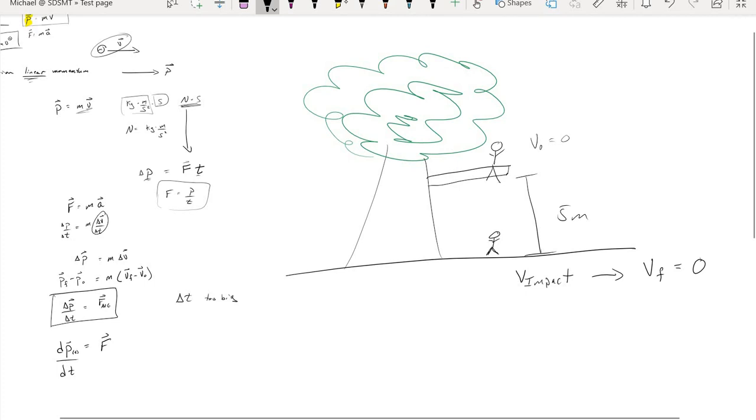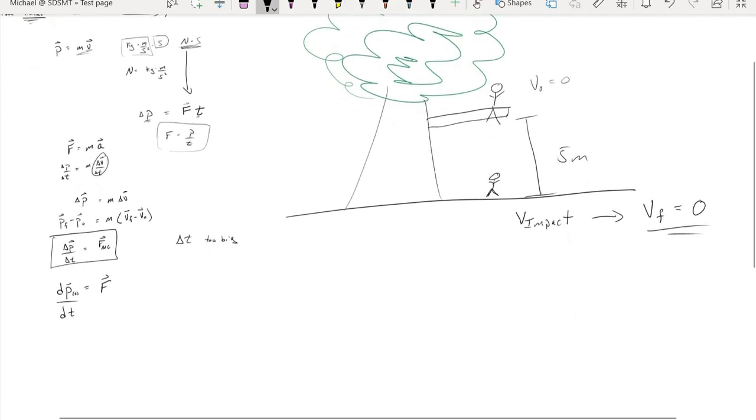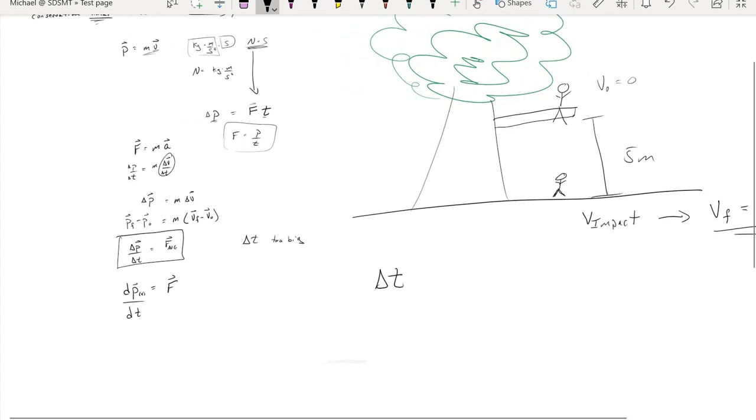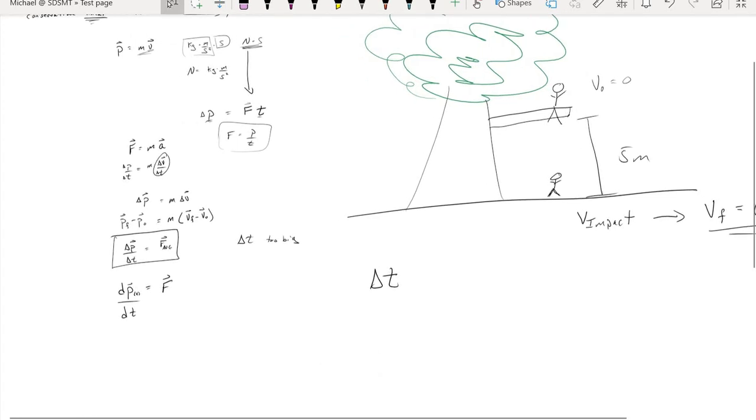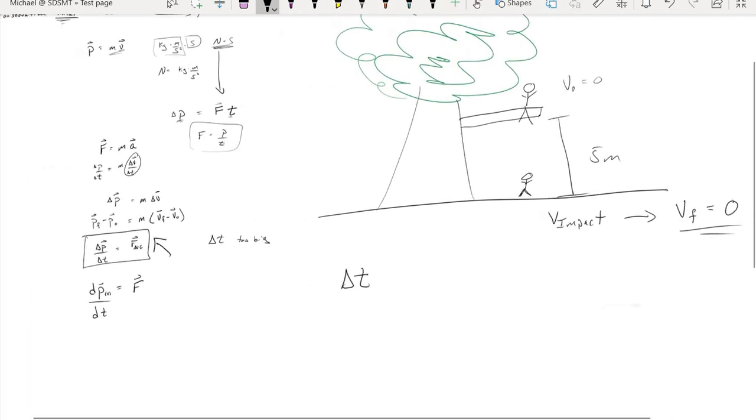But then, after that impact, how long does it take for us to change our velocity again until we can reach that final velocity of 0? That time interval is going to clue us in as to how much of a force we are going to experience during this change of velocity.